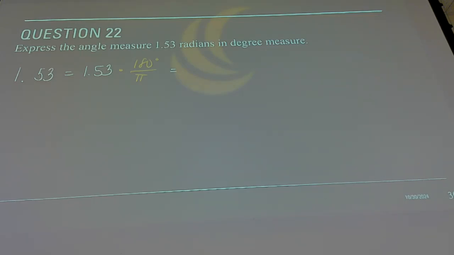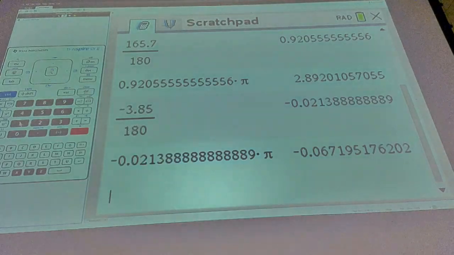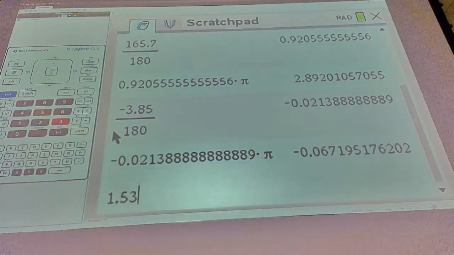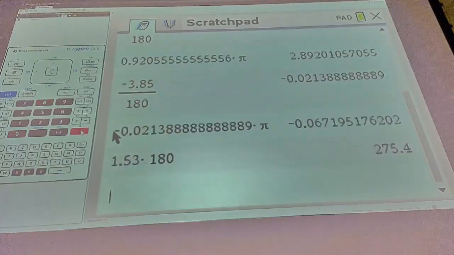How many significant digits do we want? What is this, 3 sig figs? 275.4 to 3 sig figs is what? 275.